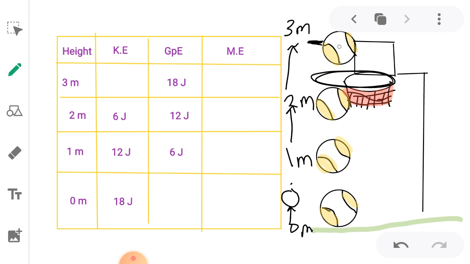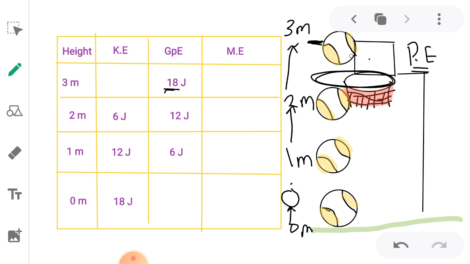So when the object is at rest, now it's stopped. Is it kinetic energy or potential energy? Yes, because it's at rest, it will be potential energy. So the maximum energy in that case is potential energy. So the potential energy here in the table is 18 joules.